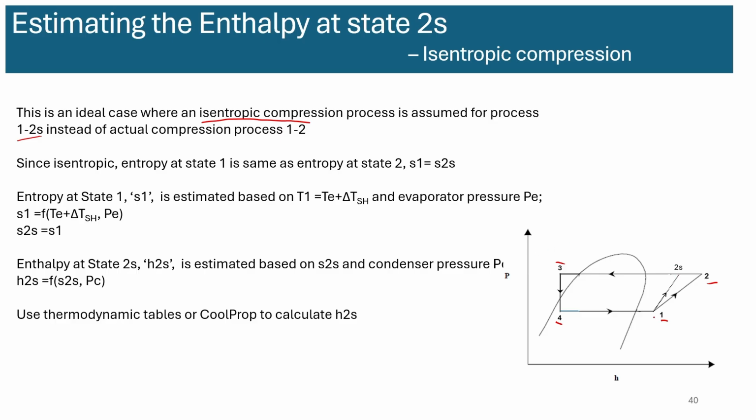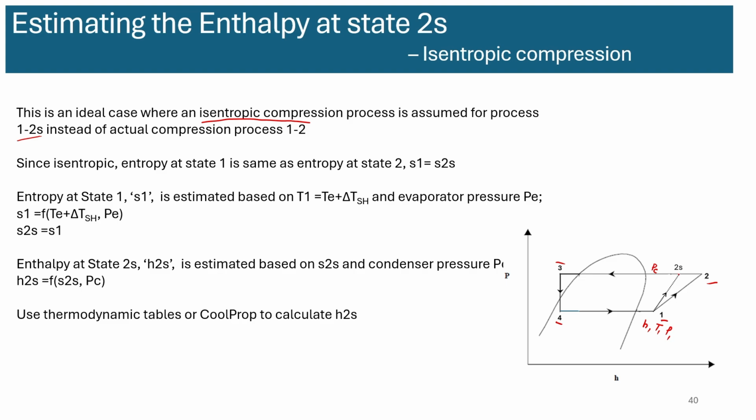At 1, we know the enthalpy, temperature, and pressure. At 2s, we don't know the enthalpy or the temperature, but we do know the pressure. That pressure is the same as the condenser pressure. How do we determine the enthalpy at 2s?